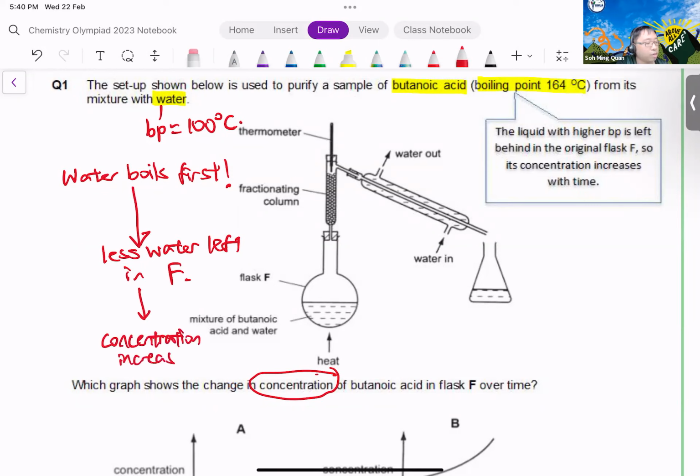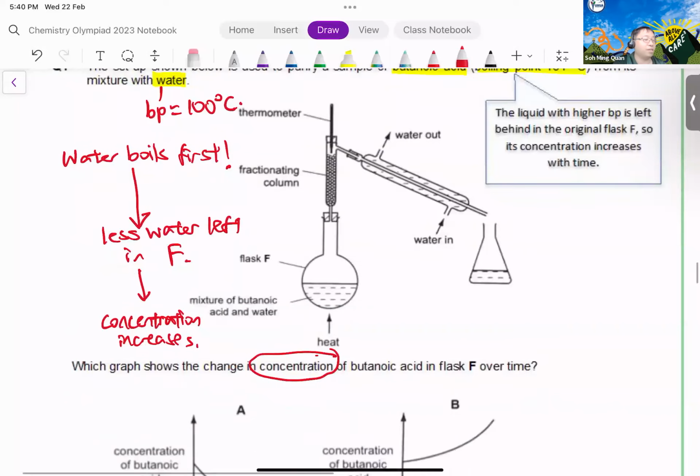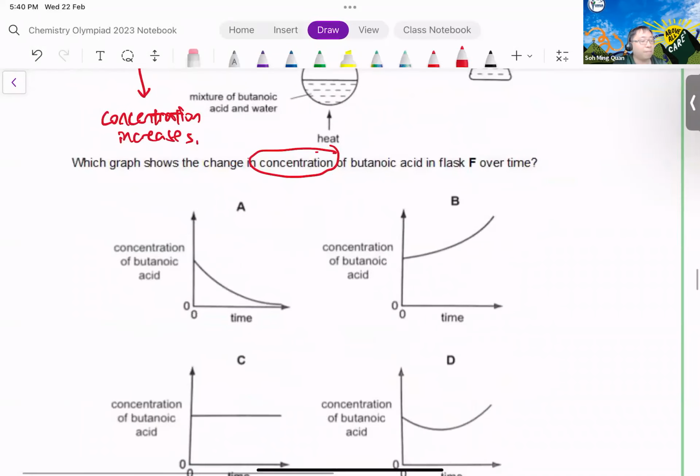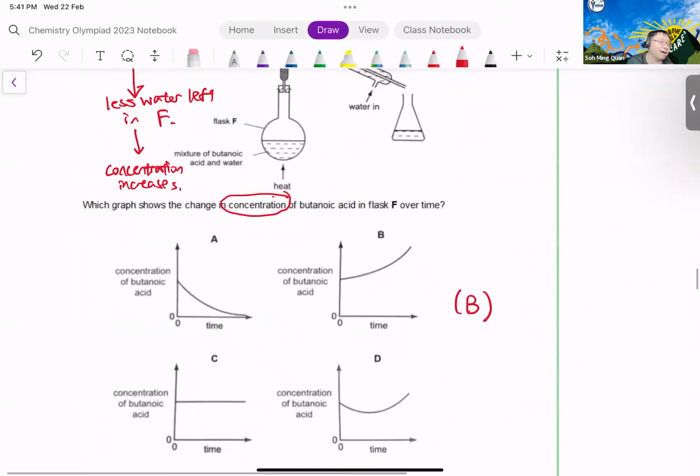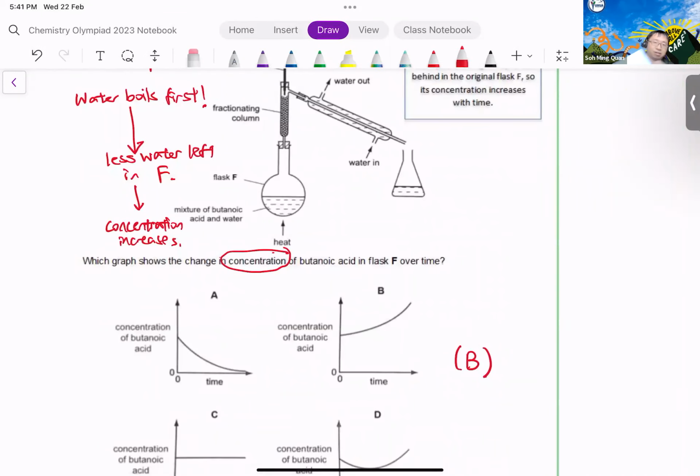Concentration increases. This is like coffee, right? If you make coffee with less water, then it's more concentrated coffee. So quite obviously, the answer for this is B. The concentration of butanoic acid should increase. And the main reason is because water has boiled off first.